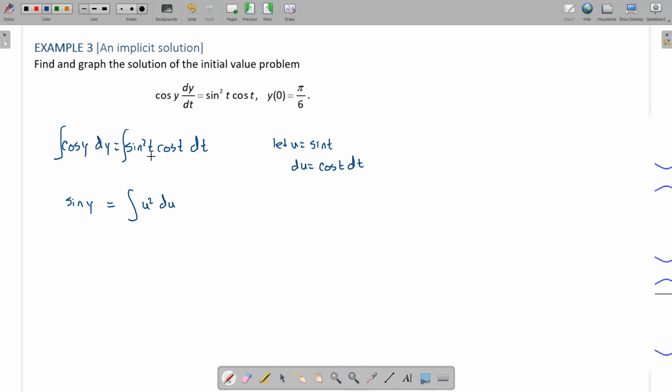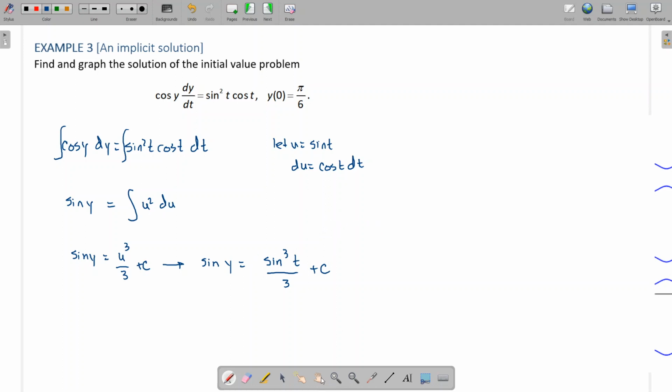So all of our integration techniques still apply here. Those rules could still work. Okay, so we have sine of y equals, antiderivative of that would be u cubed over 3 plus c. But we want to put back in the sine of t for u, so this turns into sine of y equals sine cubed t over 3 plus c.